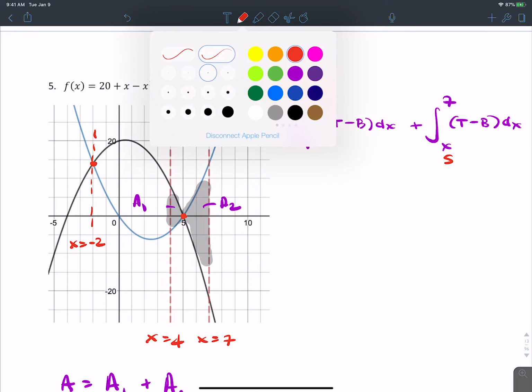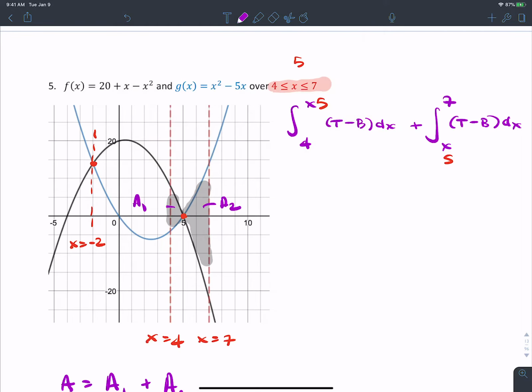So let's continue here. Let's remember we need a top curve and a bottom curve over the interval now. Let's erase this since we know what it is. I think our eraser's just too big. Erase the x. Now, for the first integral, A1, that goes from 4 to 5 again. See right here? What's the top curve?